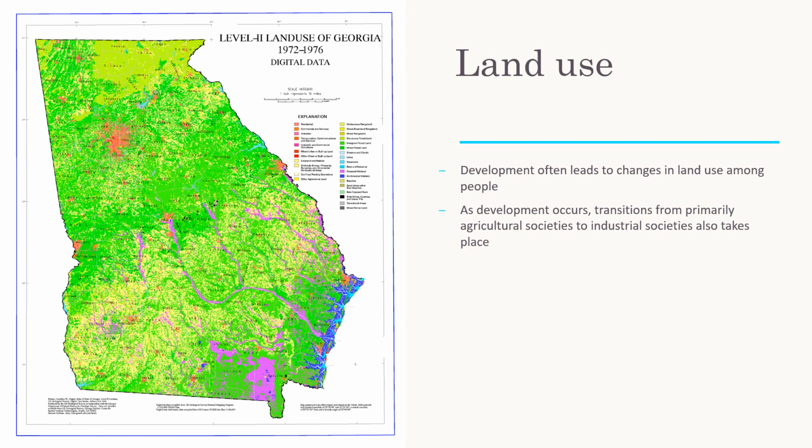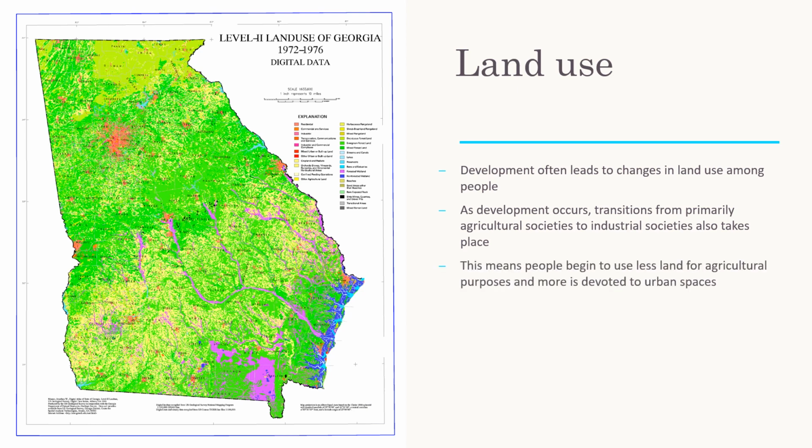Traditionally, agricultural societies moving into industrial societies and then into service-based societies is what we think about with the progression of development. That's really going to change the way we use our land, with major implications. As we transition from a society where the majority of people are farmers performing agriculture, we step out of that and start to use that land for different purposes.